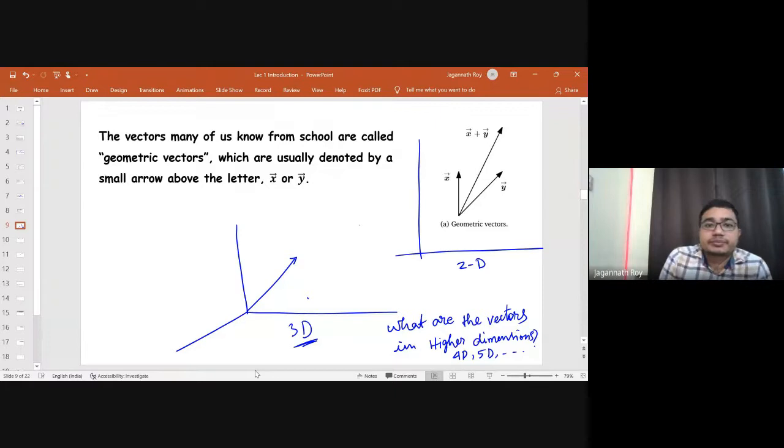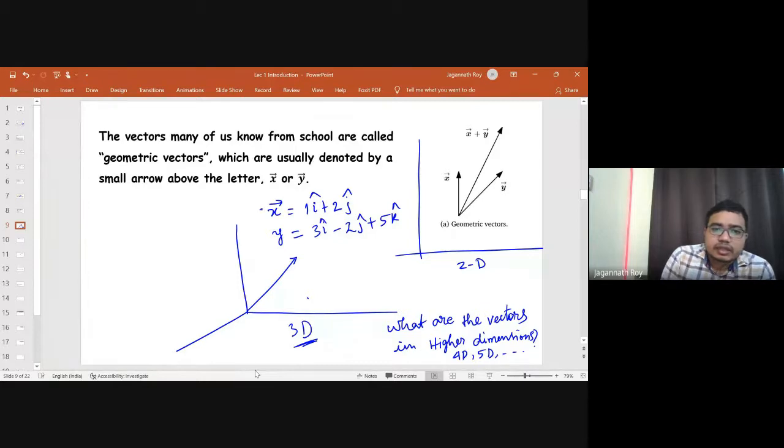For example, suppose x is a vector 1i plus 2j. Y can be a vector 3i minus 2k, or 2j plus 5k.